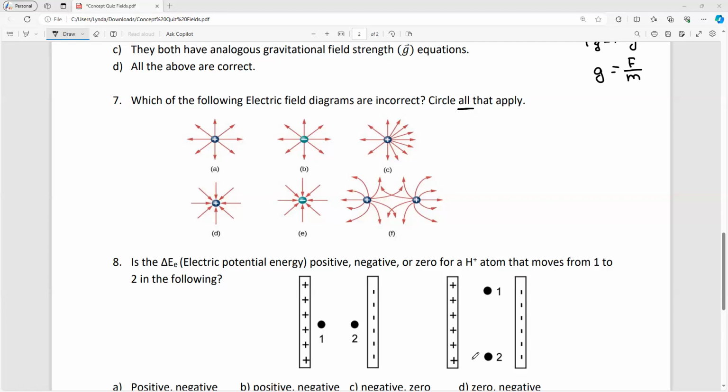Okay, so he wrote it's a negative charge, but the field is pointing in. Okay, so here is out, here it's in. Yeah, so this one doesn't work.